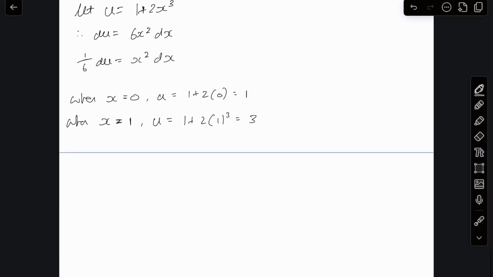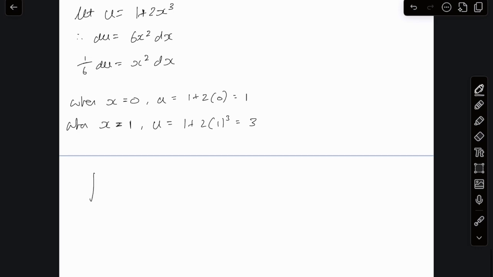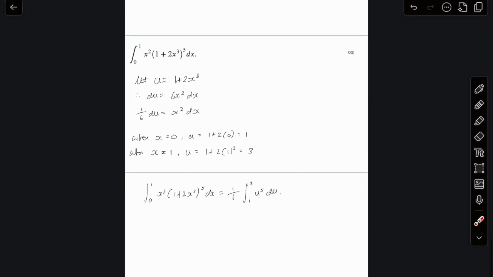Therefore, I can say that the integral between 0 and 1 of x squared (1 plus 2x to the 3) to the 5 dx is the same thing as saying 1 over 6, between 1 and 3, of u to the 5 du.